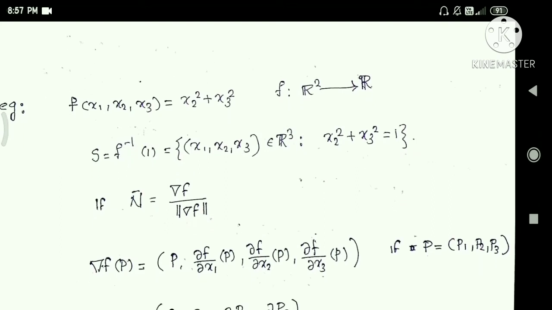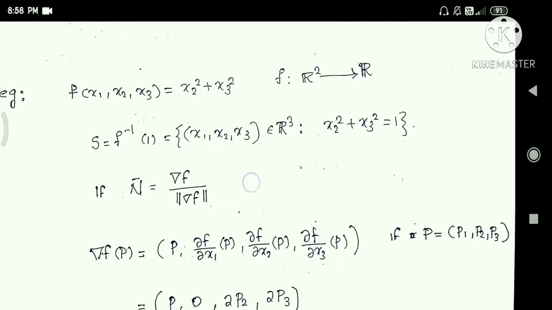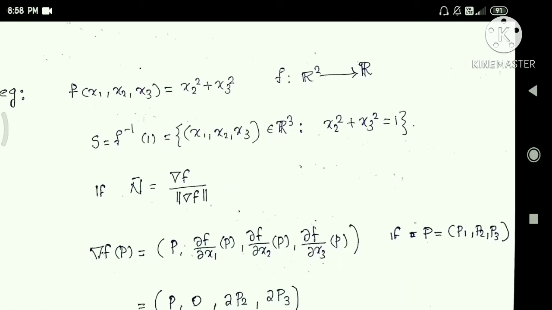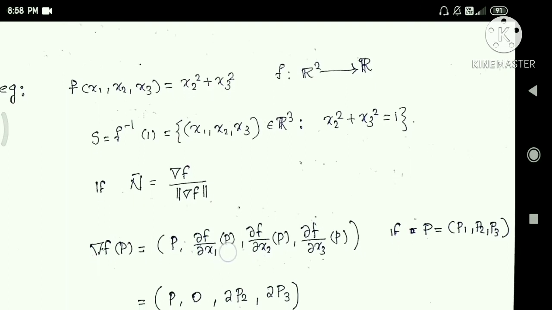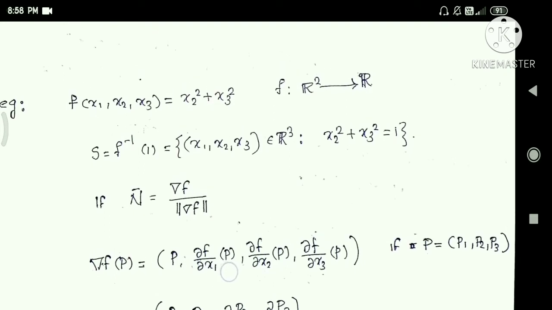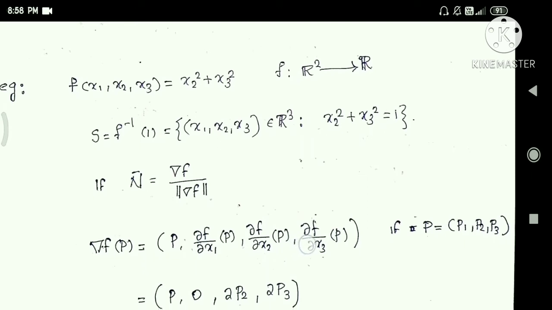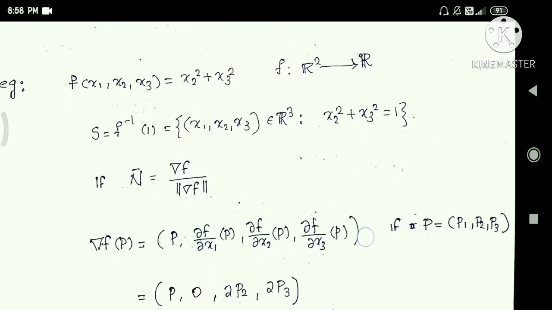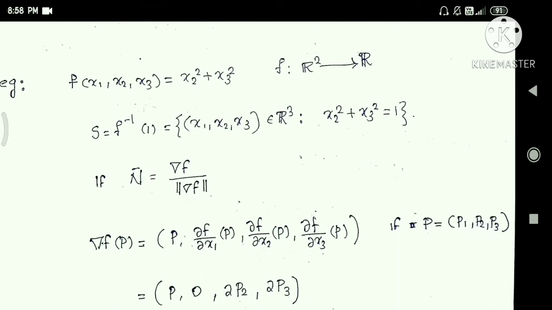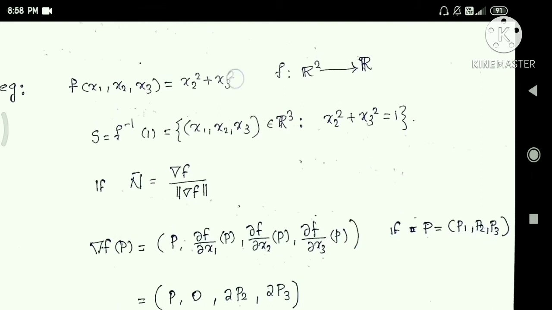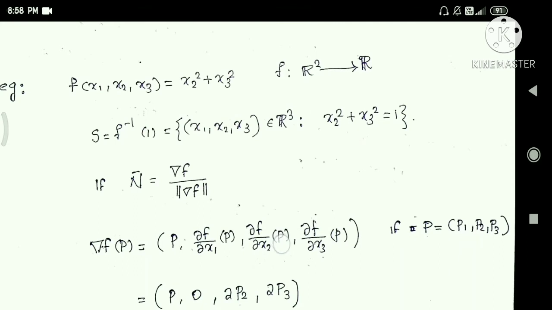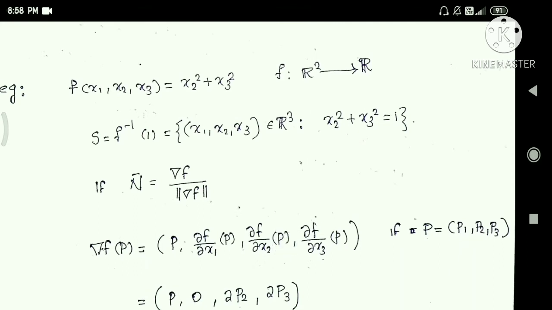Consider the orientation N = grad f / norm of grad f, where grad f(p) = (∂f/∂x1(p), ∂f/∂x2(p), ∂f/∂x3(p)). Here ∂f/∂x1 is equal to 0, ∂f/∂x2 equals 2x2, and ∂f/∂x3 equals 2x3.